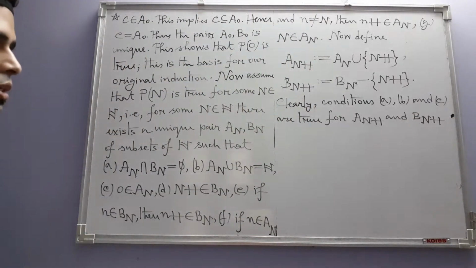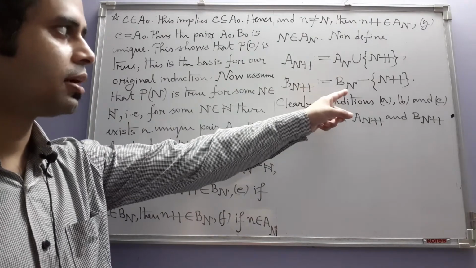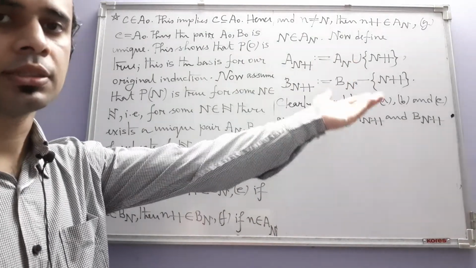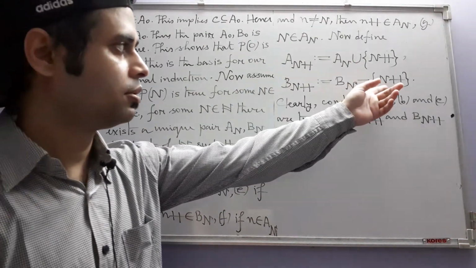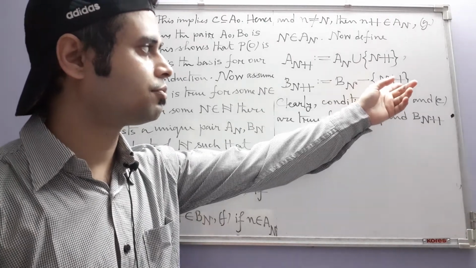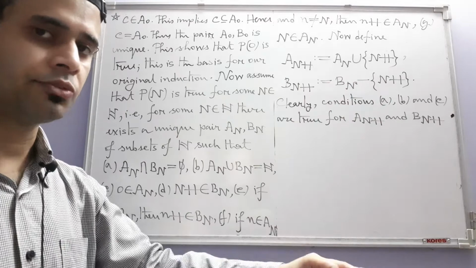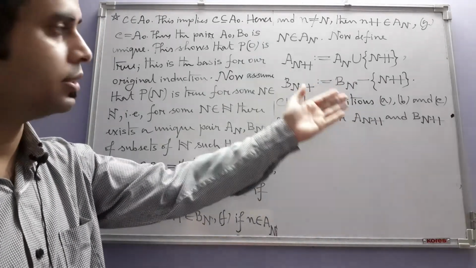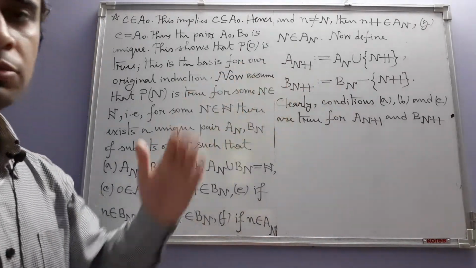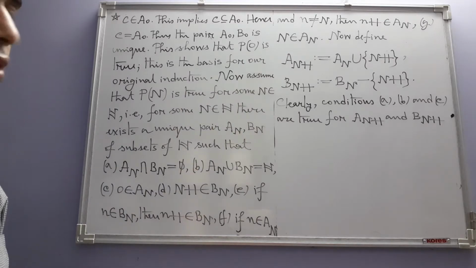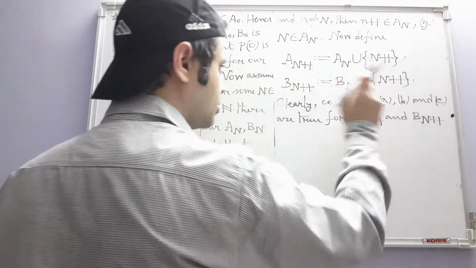Okay, what about condition B? Since union of An and Bn is the set of natural numbers, transferring one element from Bn to An, the element is still there in the set of natural numbers, so it's not going to change anything. So the union of these two is also N, the set of natural numbers. So condition B is true.